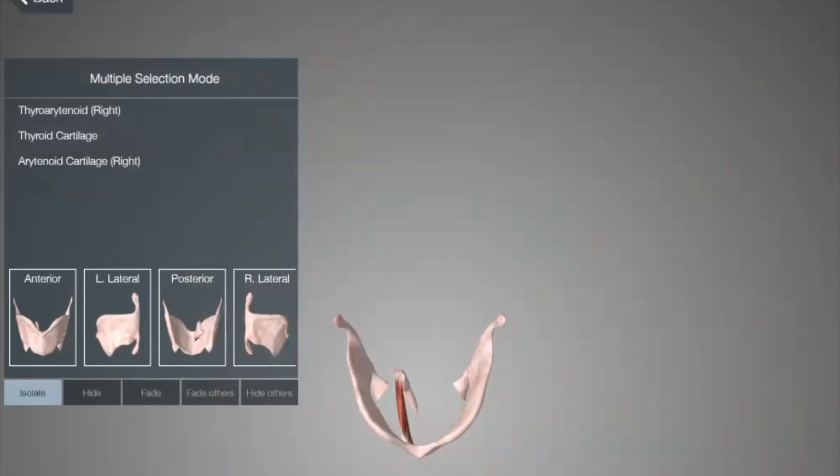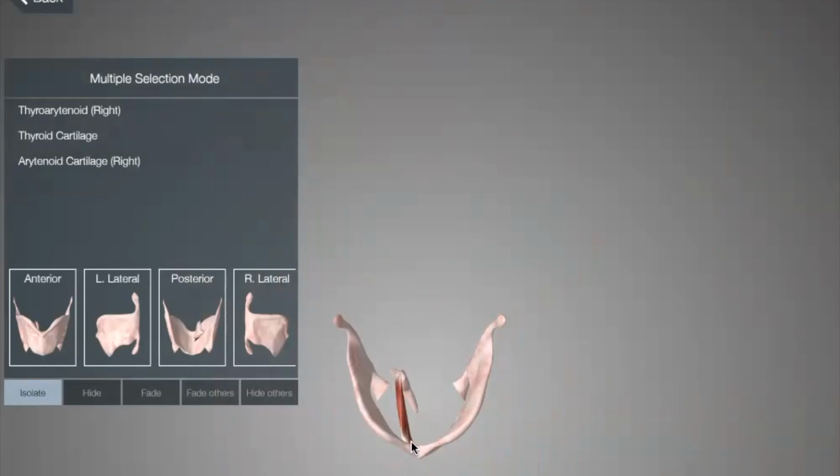The muscles here are required to relax the vocal ligament, allowing for a softer voice or a deeper voice.